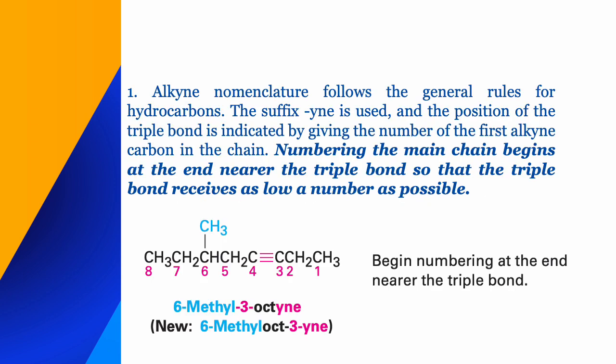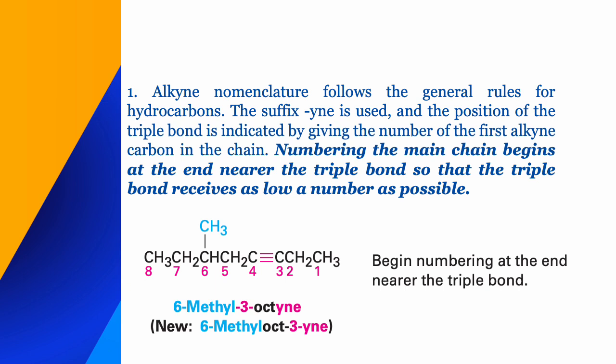Just like in the alkanes and the alkenes, alkynes also follow the rule that we have to find first the longest chain of carbon in the structure. For this example, we have eight carbons, and the consideration that we put in mind is that we have to find the longest chain of carbon that contains the triple bond.